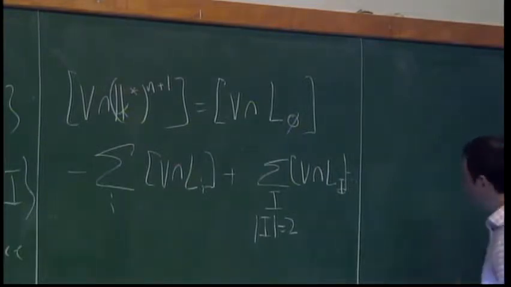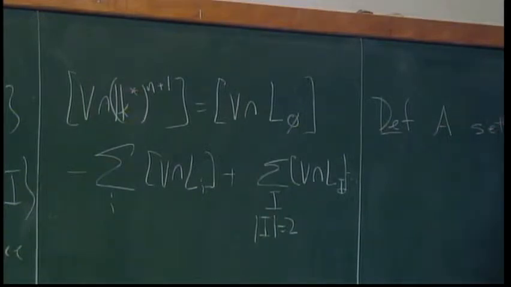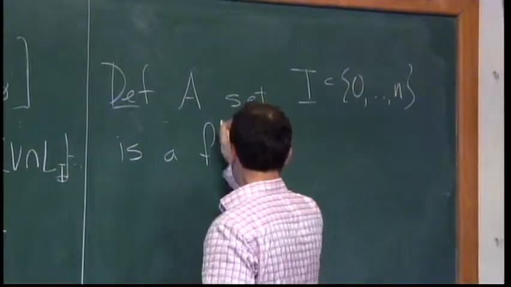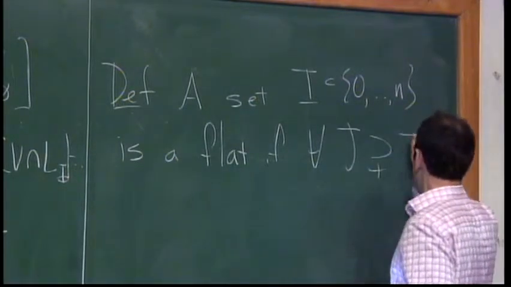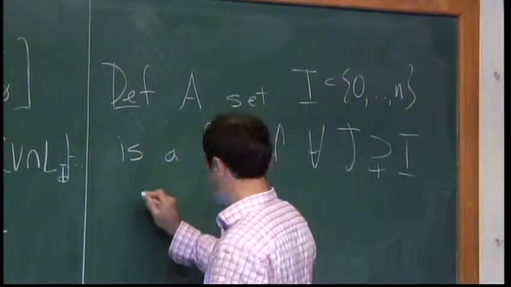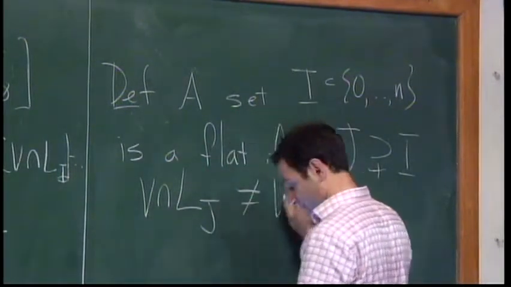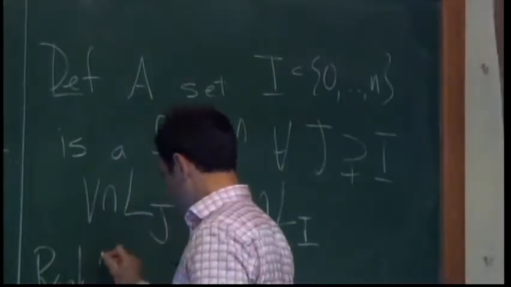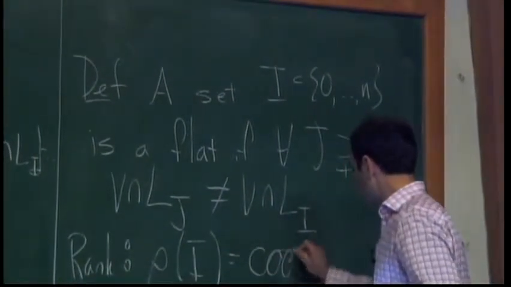So I'm going to define a set I inside 0 through n is a flat if, for any set strictly containing I, the intersection is smaller. And then the rank of a flat is the codimension of the intersection inside V.